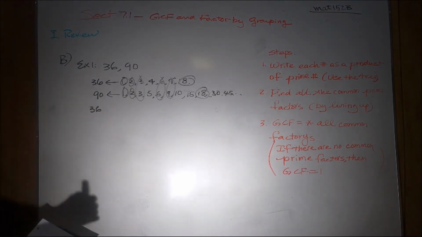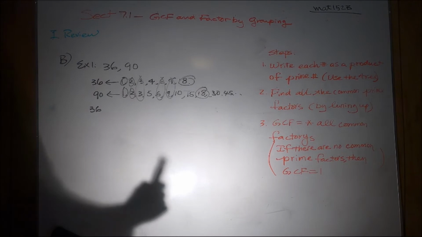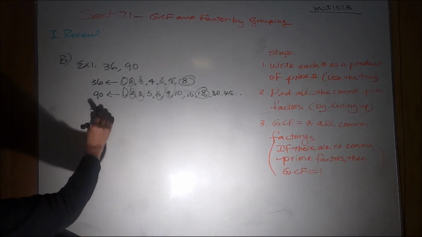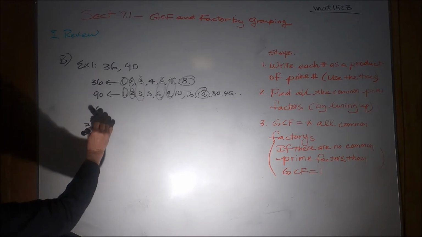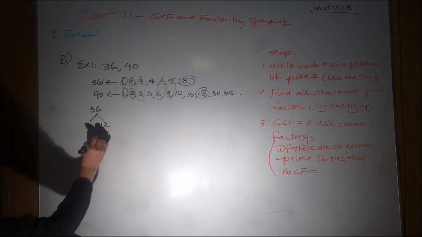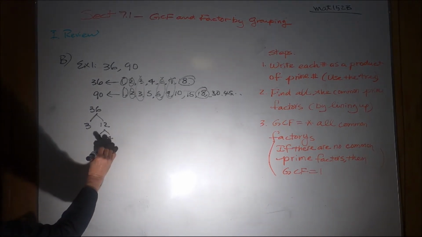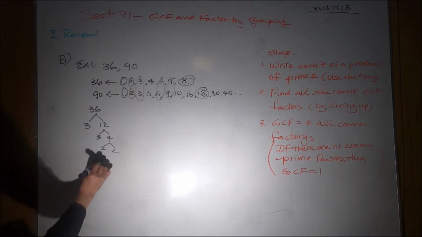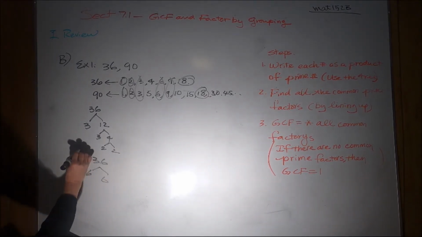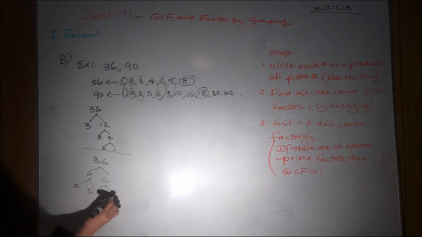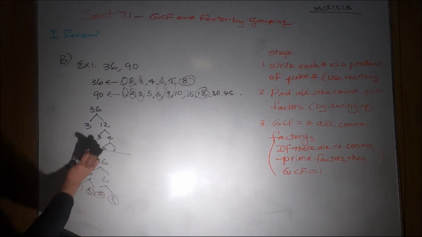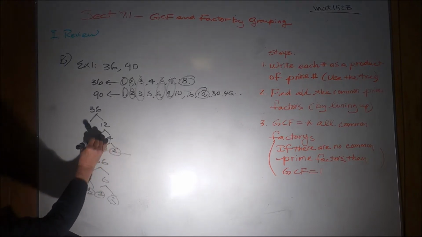What do we use? We use the tree, right? So you break down 36 into what? Say 3 and 12, then 3, 4, 2, 2. Or you can do 6 and 6, that would be 2, 3, 2, 3. So you circle your tree leaves: 2, 2, 3, 3.